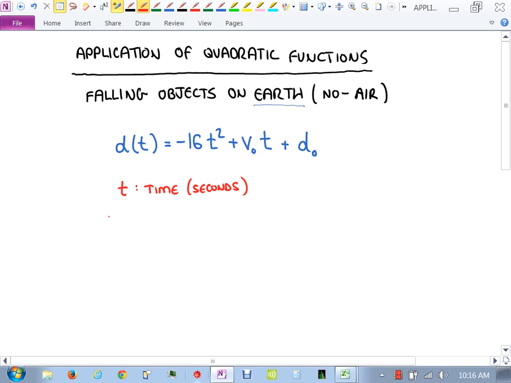In the formula, d of t is the height of the object after t seconds.